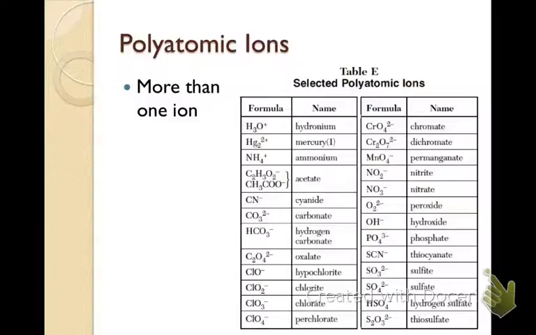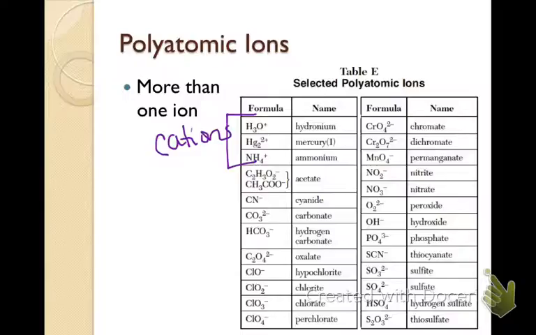So, for example, these first three are the only cations that we have on Table E. They're not the only cations in the world, but I'm just showing you that those are the ones existing on Table E. The ones below, we actually end up all having anions for these. Some things I want you to note.